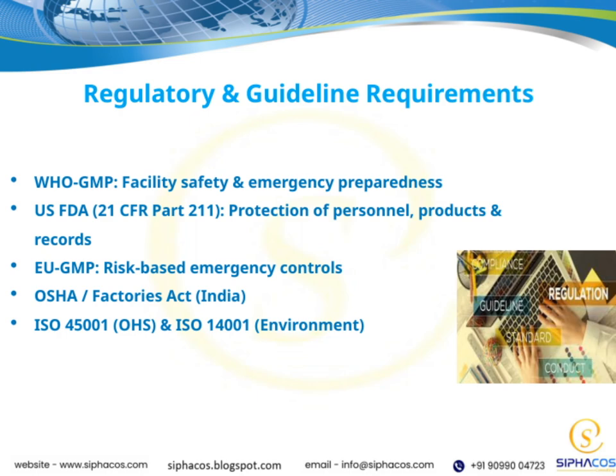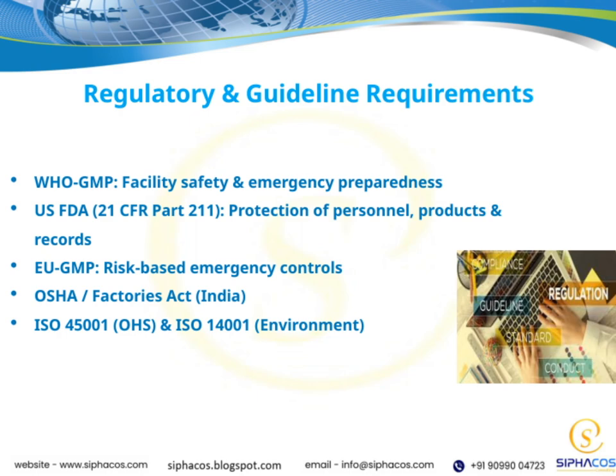Then there's OSHA and the Factories Act in India, which set out legal requirements for workplace safety and health. These regulations are designed to protect workers and ensure safe working conditions, emphasizing the importance of compliance to prevent accidents and injuries. Finally, we have ISO 45001 for occupational health and safety management, and ISO 14001 for environmental management.